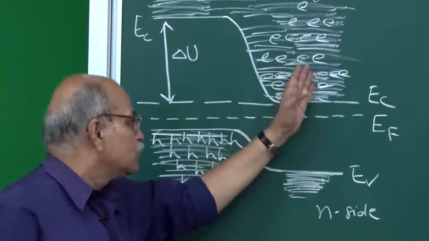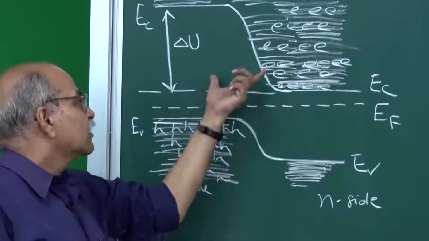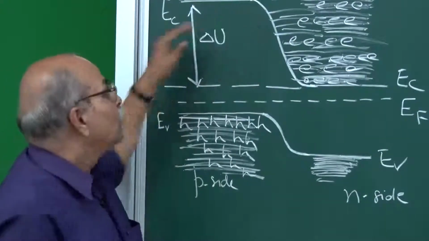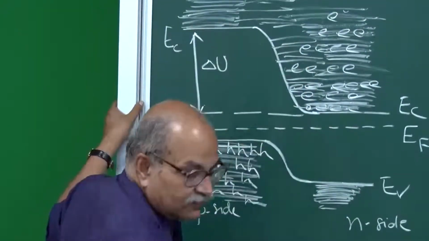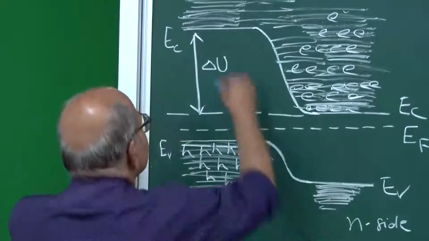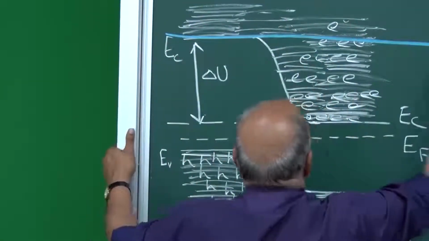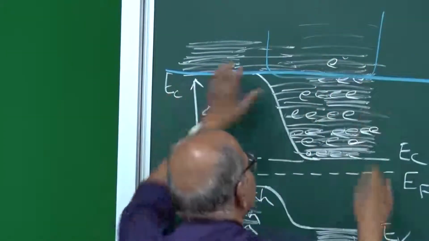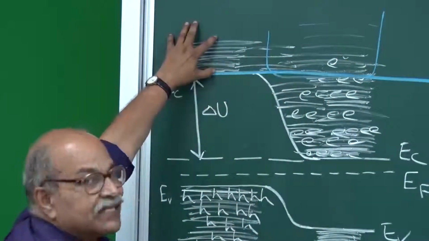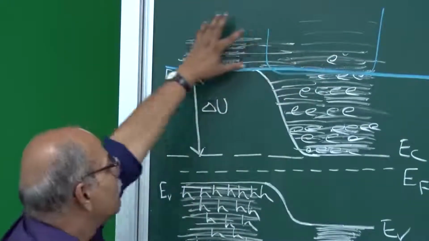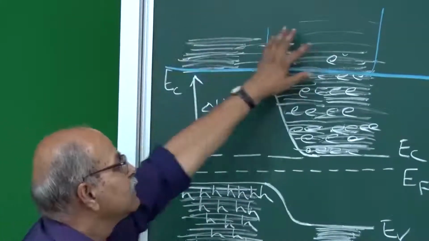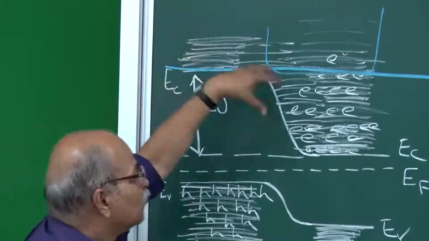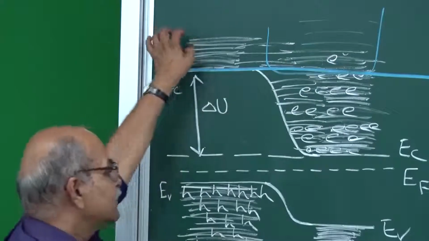If these electrons try to go from the n side to the p side, crossing this depletion region, there are no quantum states here. Only these electrons which are above this level, in these quantum states, will be able to reach here. At these energies, you have quantum states on this side, and therefore they can reach here. The more energetic ones can reach here.